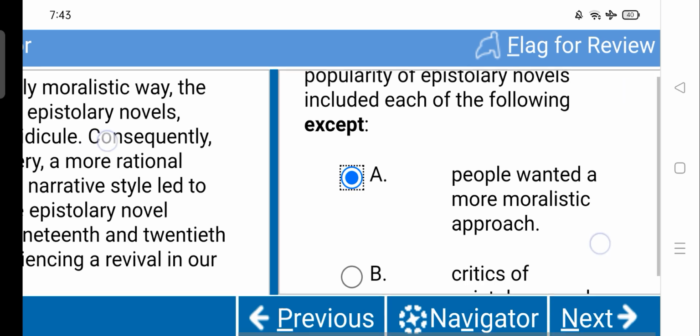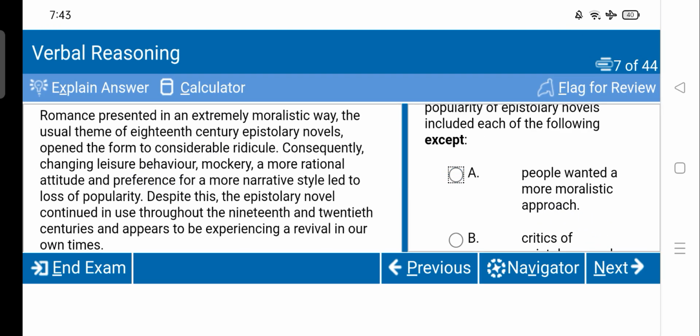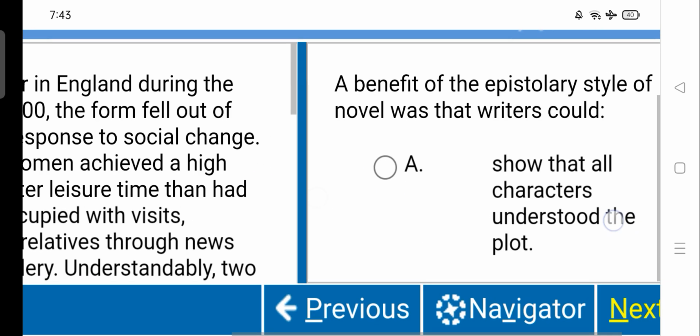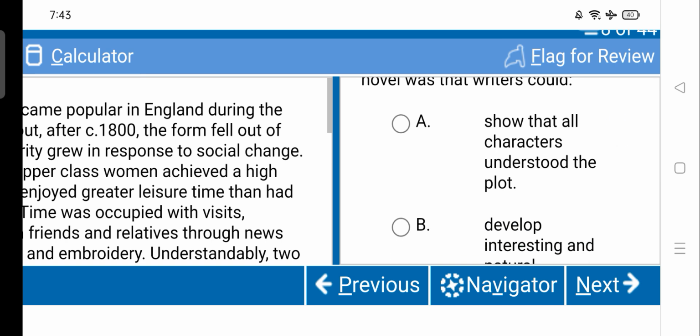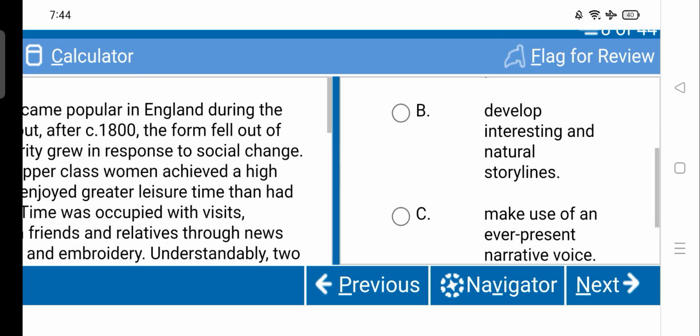So this is the right option. Next we have question number 8: a benefit of the epistolary style of novel was that writers could, option A, show that all characters understood the plot. Option B, develop interesting and natural storylines.